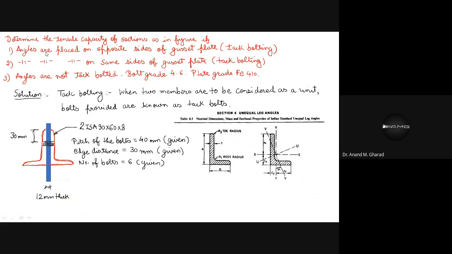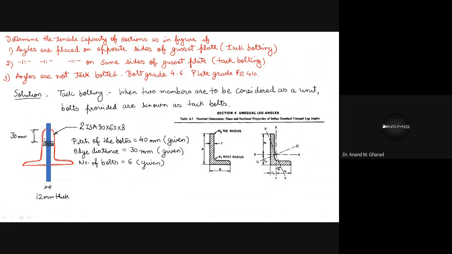What it says is that angles are placed on opposite sides of the gusset plate. The gusset plate dimensions and other information are given in this figure. So just try to understand how the angles are connected with the help of the gusset plate when they are placed on opposite sides of it.